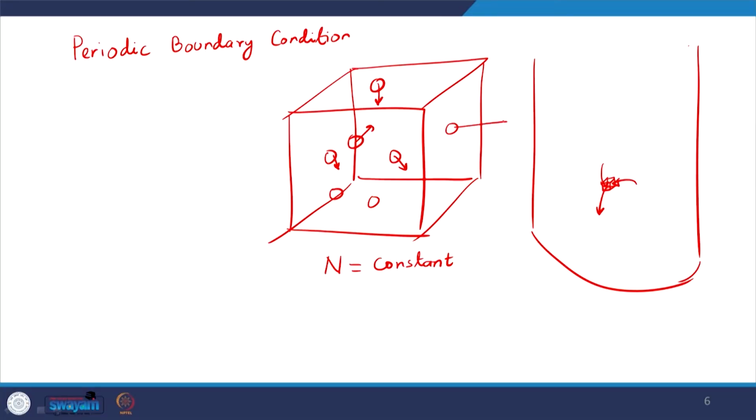But what we say is that, if some molecule wants to go out, then some other molecule has to come in to fill the void that is created by that molecule. So let's say this is my box and some molecule is crossing one of the walls, because technically, physically, there is no wall.